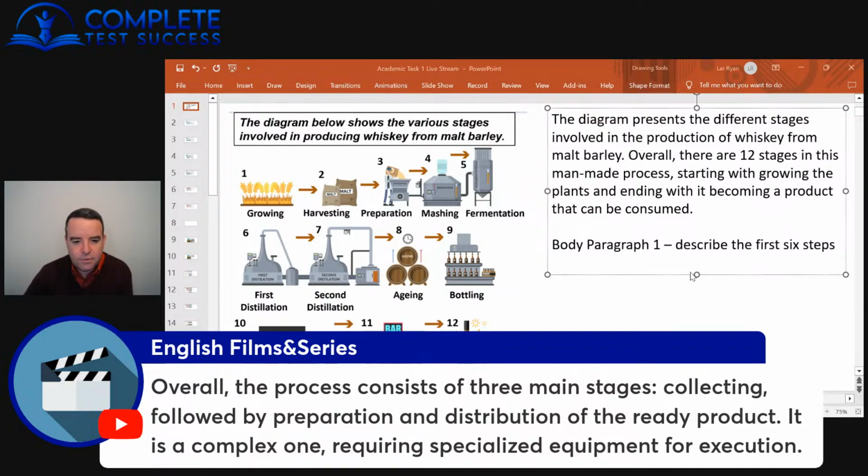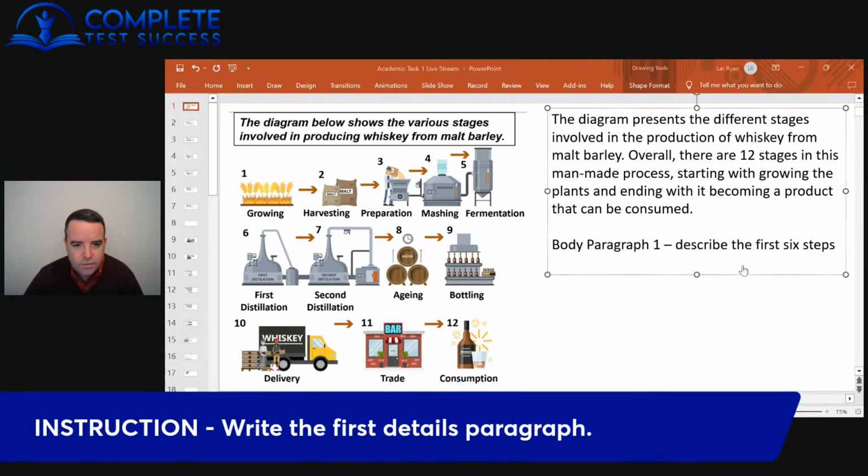"It is a complex one requiring specialized equipment for execution." "One" doesn't really refer to process here. So you'd have to use, it's a complex process requiring specialized equipment for execution. I'm okay with the specialized equipment, but a complex one, I wouldn't go with that either. I think there are easier ways to write the overview.